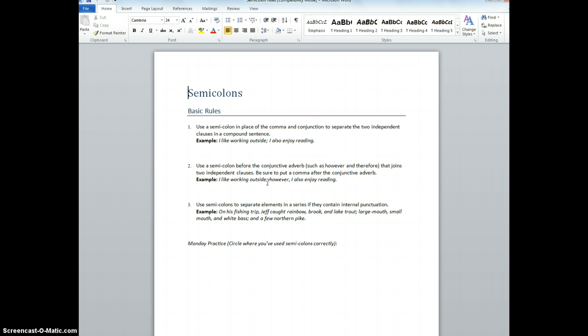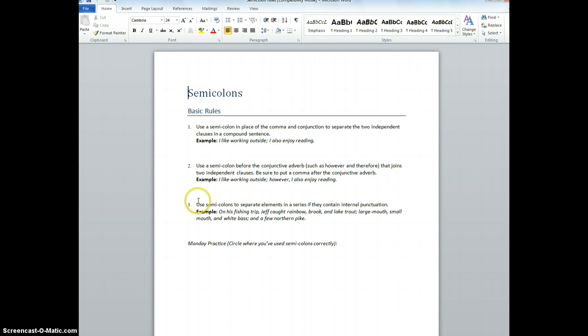So if it said only I, however, also enjoy reading, you would not put a semicolon because I is not an independent clause. So your second rule, use a semicolon before the conjunctive adverb that joins two independent clauses.